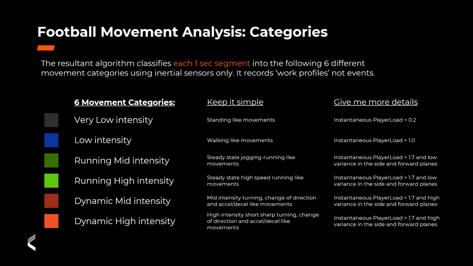The other differentiator demarcates between the running-based activity and the dynamic activity, and that's built around the level of variance in accelerometer data in the side and the forward planes. So this is the basis of the model. We've got some science in there, but that doesn't necessarily need to inform any conversations with coaches and players.